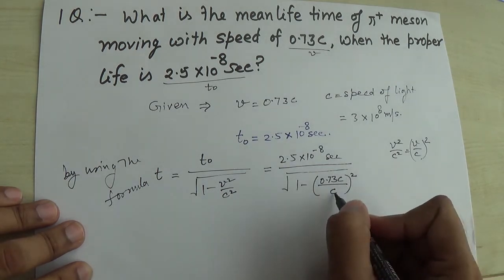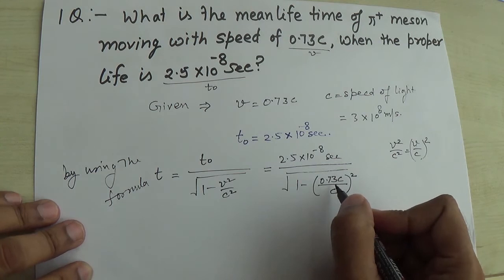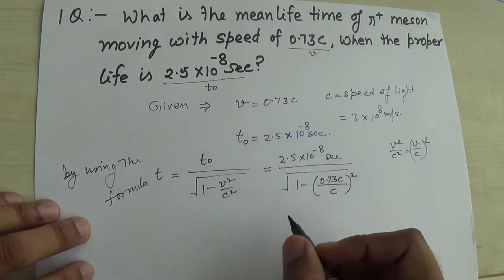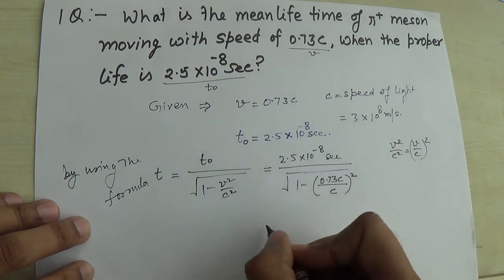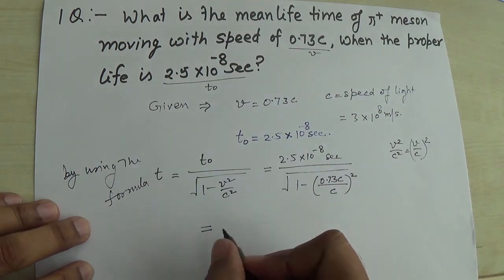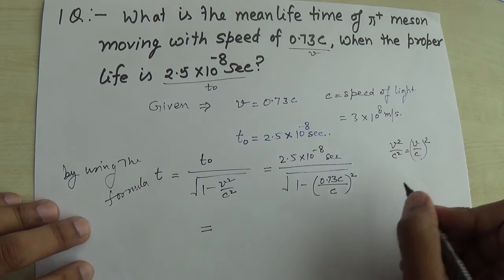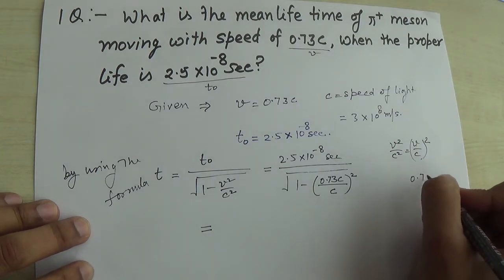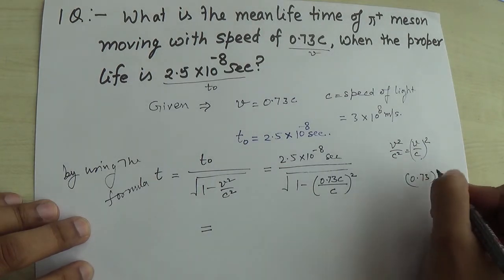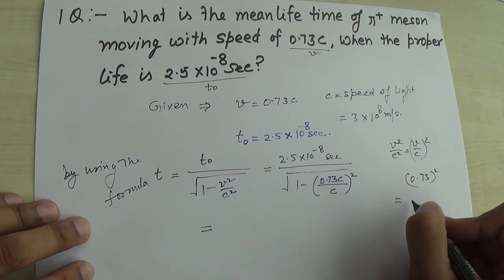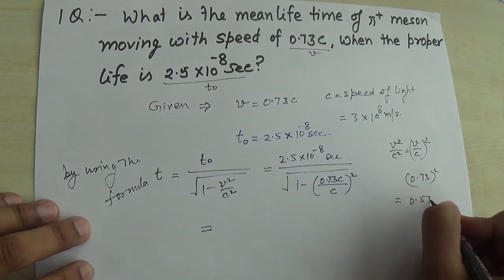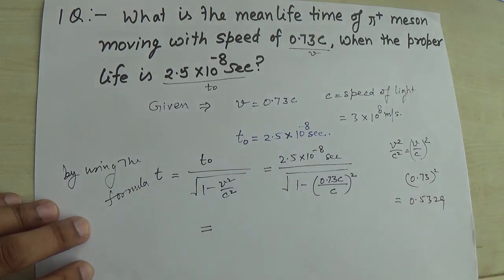So now c cancels out, so I am taking the square of 0.73, and by solving that I found this value is 0.73 whole square, approximately 0.5329, right?